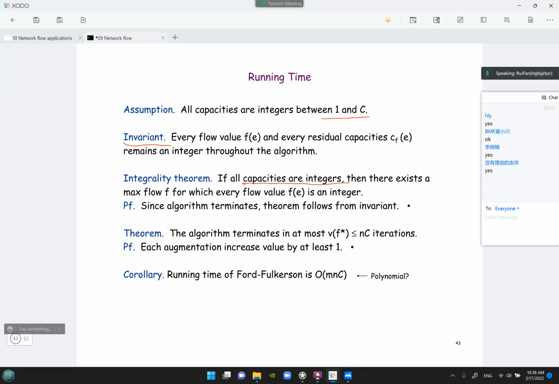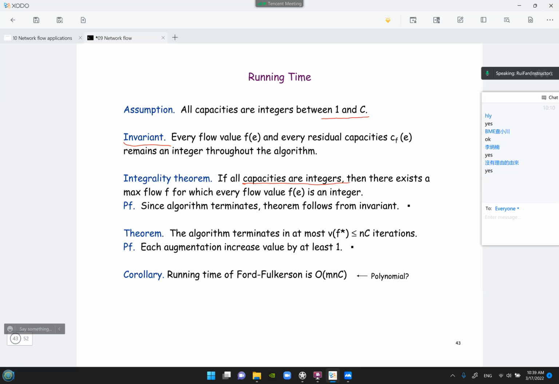Then in that new graph, again, you find an augmenting path, and because all the values in that graph are integers, the amount of flow on that new augmenting path is also an integer. So as you run the algorithm, everything stays integral. The residual graphs always have integer capacities, and so the augmenting paths you find are always integer valued.